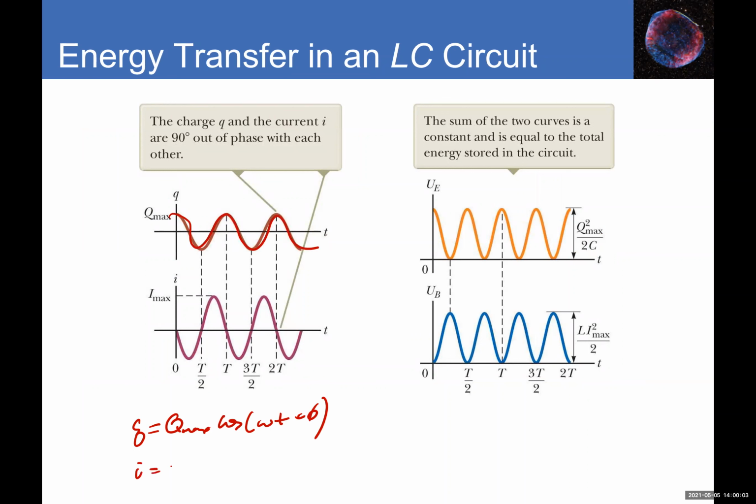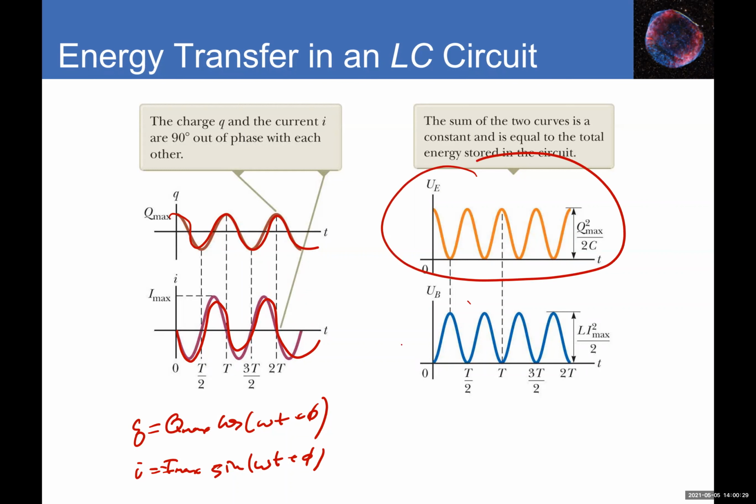And I equals negative I max sine of omega t plus phi, which means it's a negative sine as a function of time. It's similar to the velocity in simple harmonic motion, because when you take the derivative of the position, you get the negative sine. From the energy point of view, both of them are going to be positive, because you're squaring them.